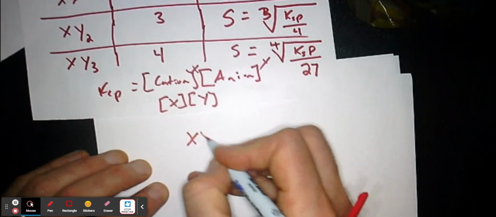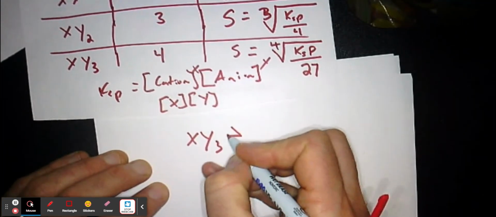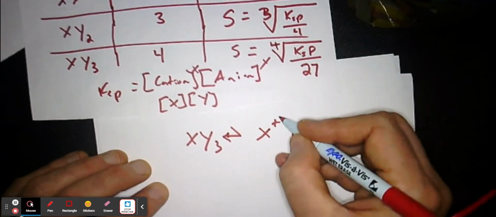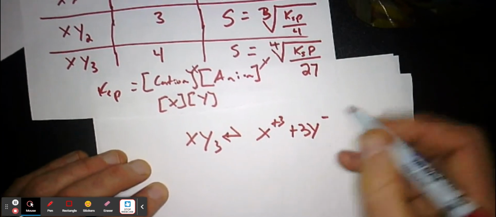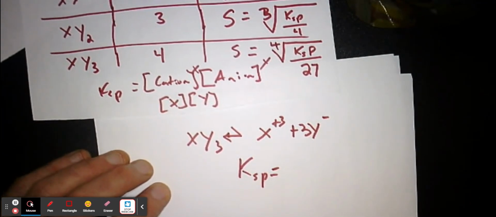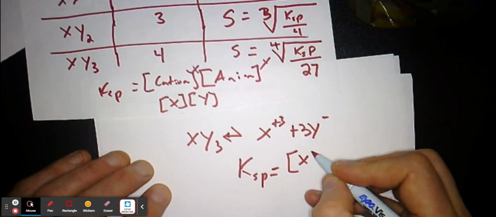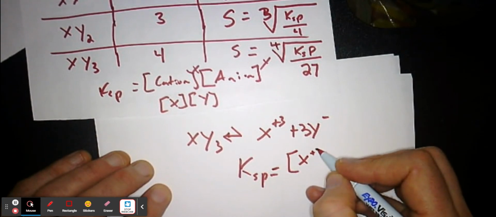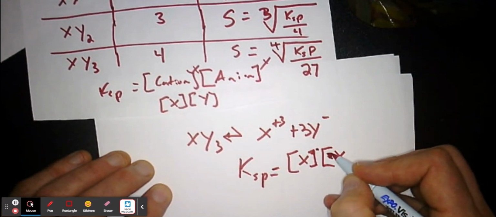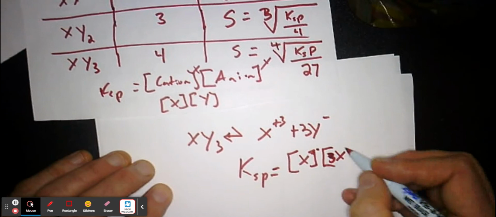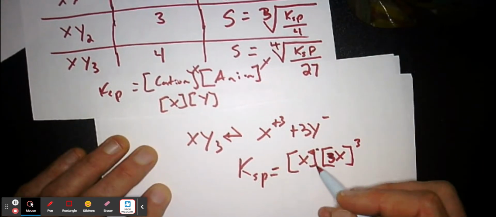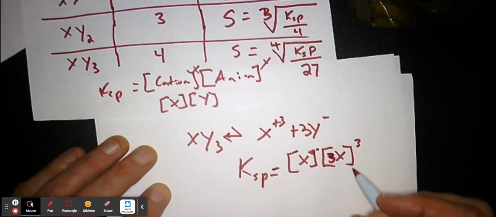So let's say X Y 3, it's going to have X plus, 3Y negative. So my Ksp would be equal to some change of X and then 3X cubed. And this would come from a RICE table, or an ICE table.